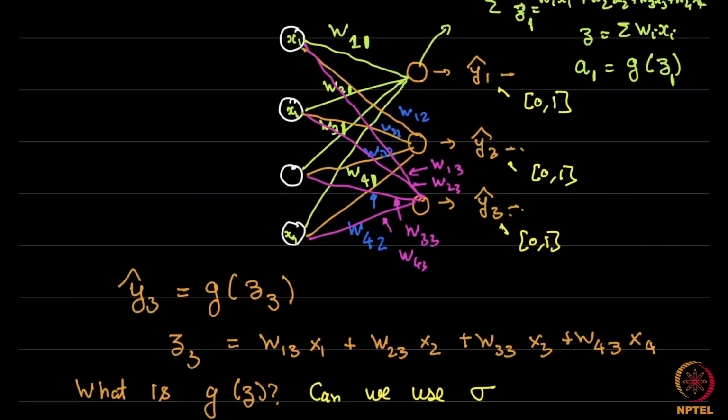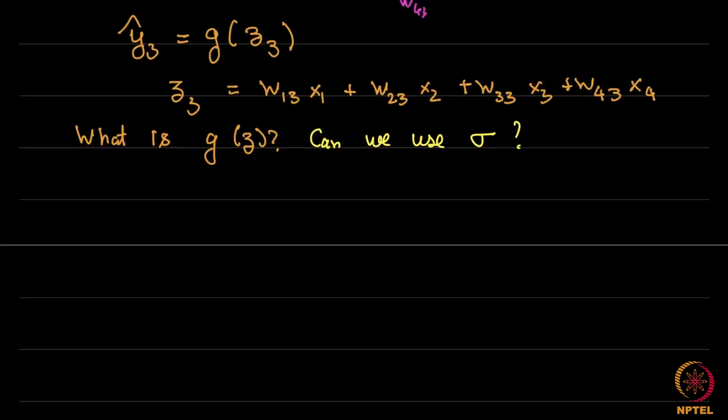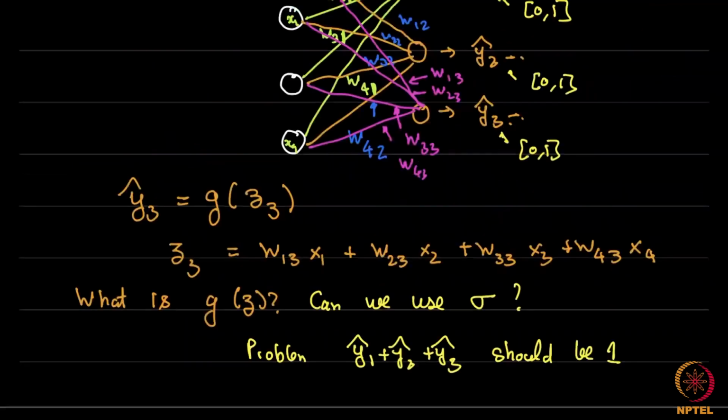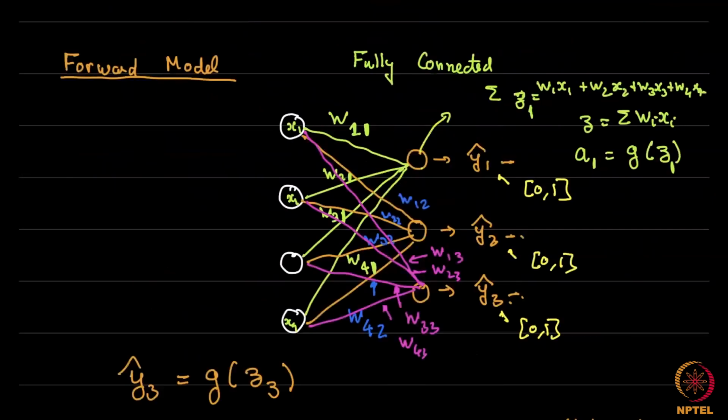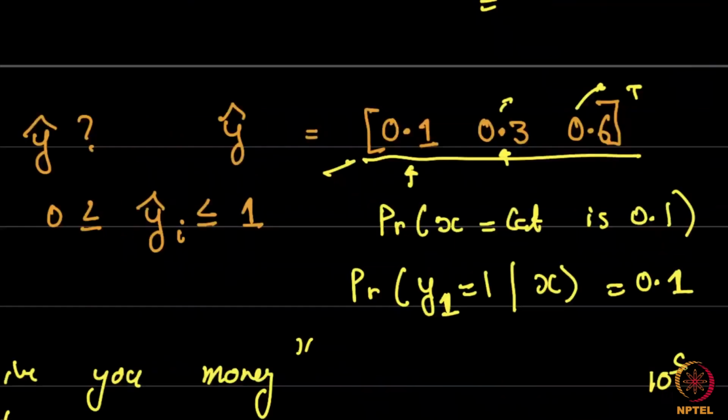But there is a problem. The problem is y1 hat plus y2 hat plus y3 hat should always be 1. Why do we want it to be 1? Because we want to interpret it as a probability. Notice this here.